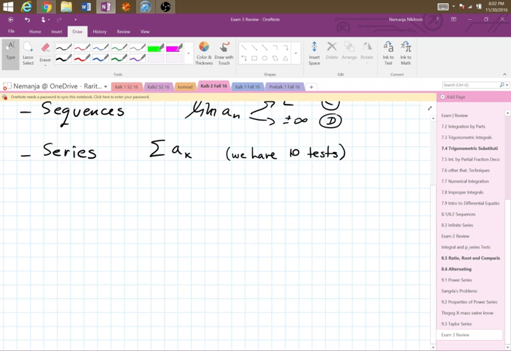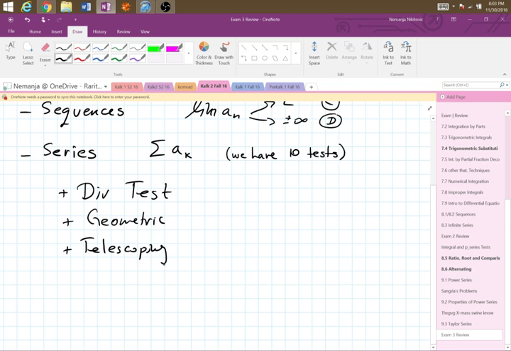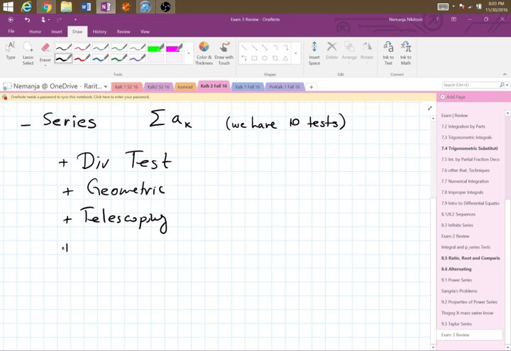Let's list all of the tests. So I'm going to list divergence test first. And then after that, we are going to take a look at geometric, telescoping, integral, P series.